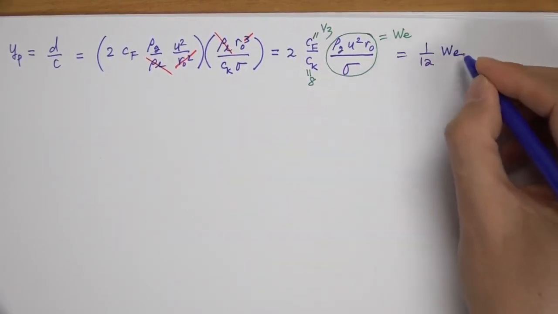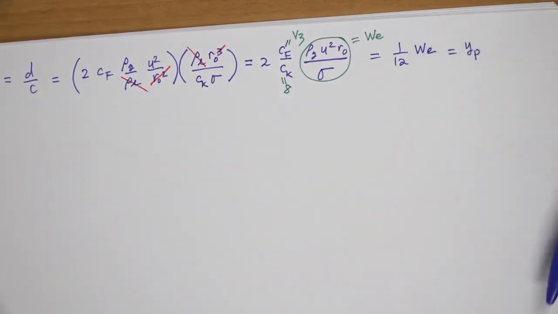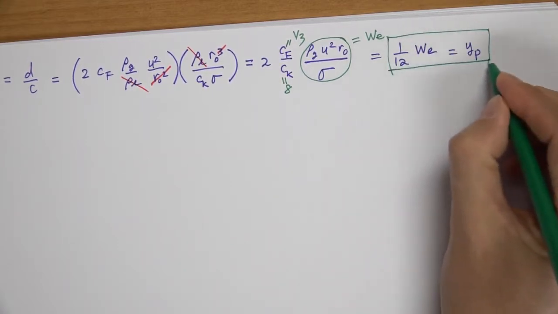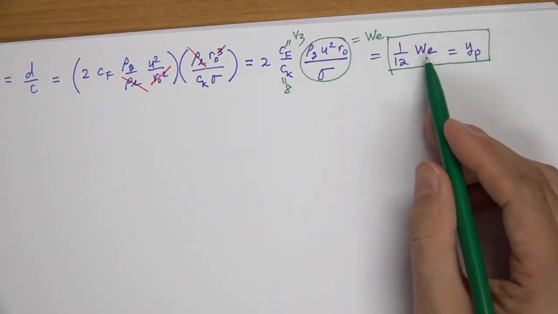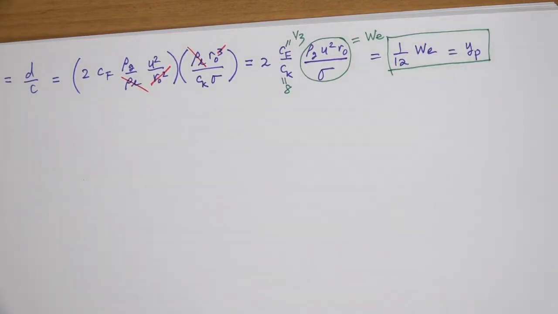That's the Weber number right there. So this is the particular solution: Weber number divided by 12.